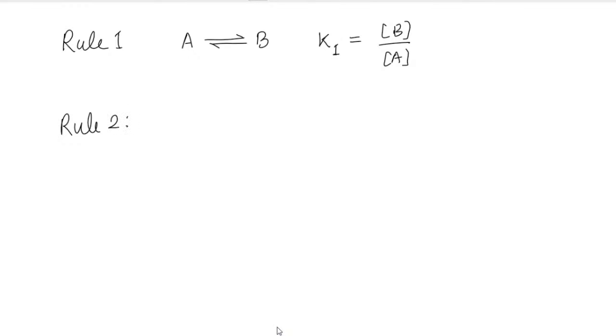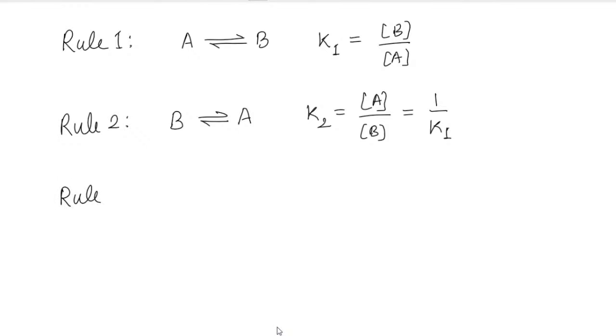Rule number 2. If we reverse it, then equilibrium constant is A over B. That implies it is 1 upon K1. That means if you reverse the reaction, equilibrium constant is inverse of that.